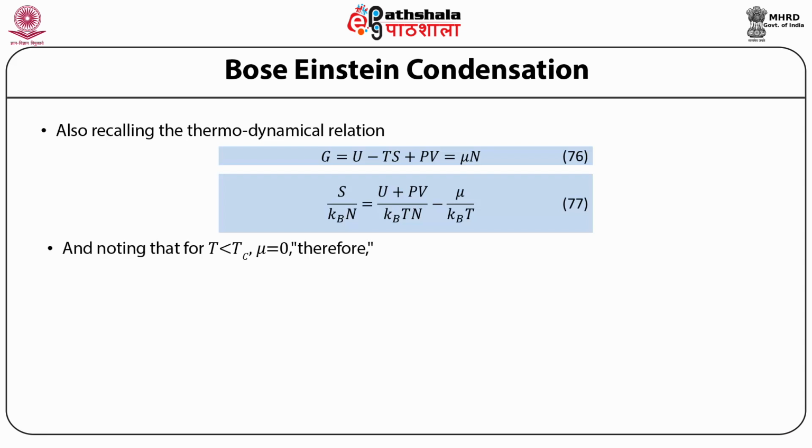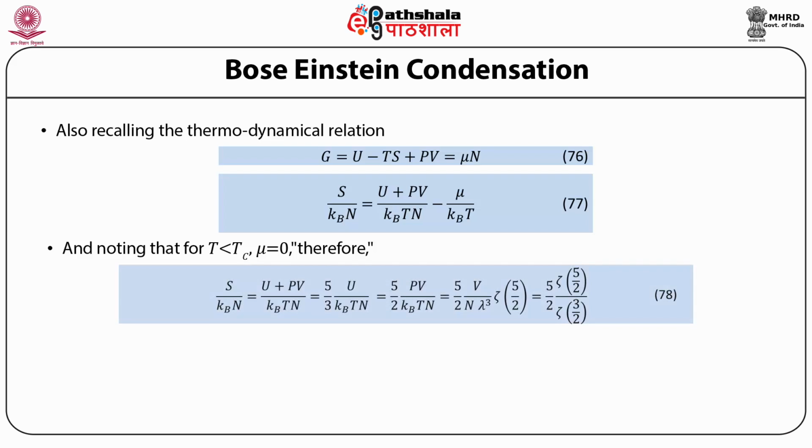Noting that for T less than Tc mu is equal to 0, therefore S/(kB n) is equal to (U + PV)/(kB T n), which is equal to 5/3 U/(kB T n), which is equal to 5/2 PV/(kB T n), which is equal to 5/2 V/(n lambda cube) times Riemann zeta function at 5/2, which is equal to 5/2 times Riemann zeta function at 5/2 divided by Riemann zeta function at 3/2.